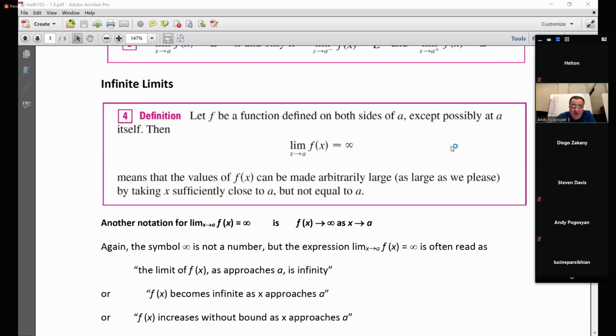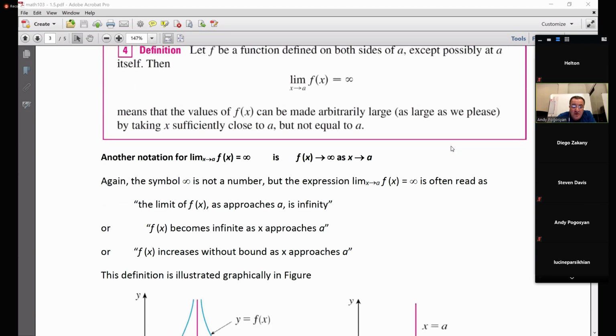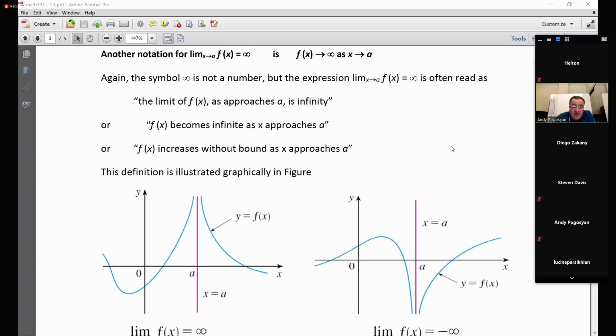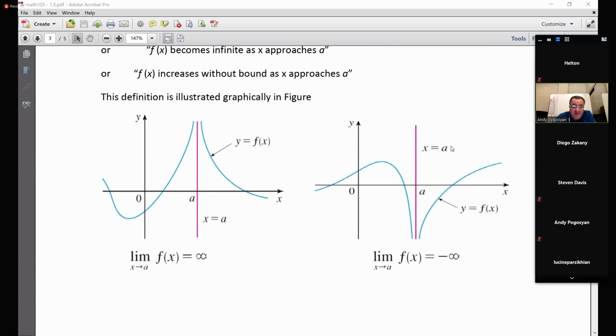So it can go to positive infinity, it can go to negative infinity, you can have one-sided infinity. See, the first one, from the left, from the right, you're approaching, function values go to infinity, becoming larger and larger.